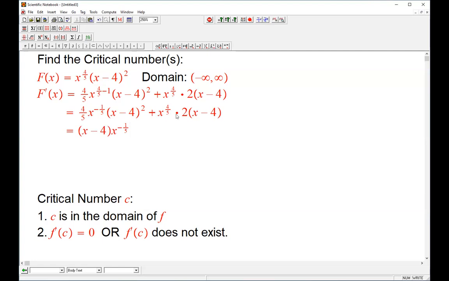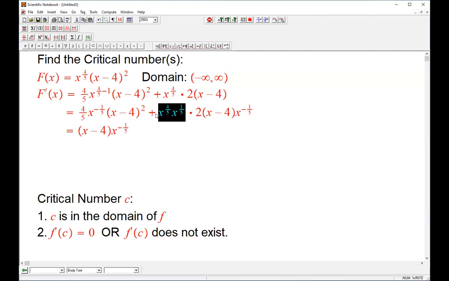But this piece we don't have, right? If we have x to the power negative 1/5, and we multiply by x raised to the power of positive 1/5, right? So this piece is factored out, along with that, right? We put it over here, and these pieces are out.